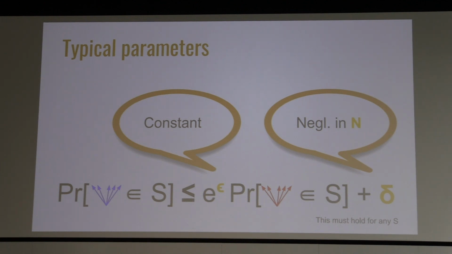For instance, if delta is 1 over n, then in a database of size n, in expectation, one person will fail to get privacy. In general, it's a good idea to set it to be a negligible function. I'm using n as the security parameter, but in general, this can be any generic security parameter. In this talk, let's stick with n as the security parameter.